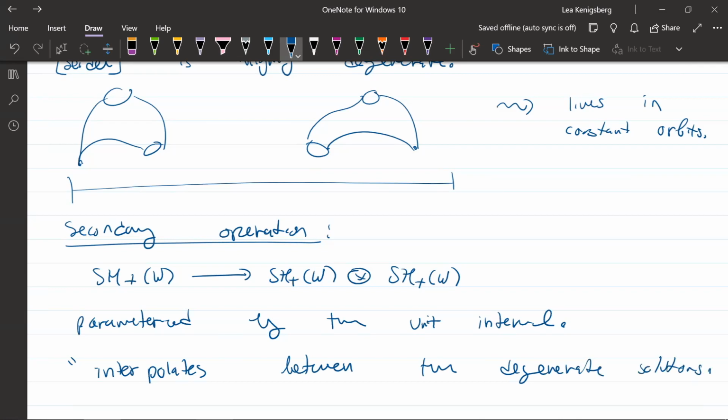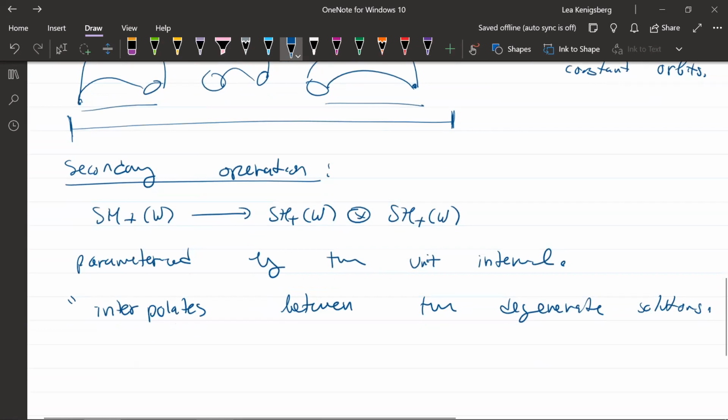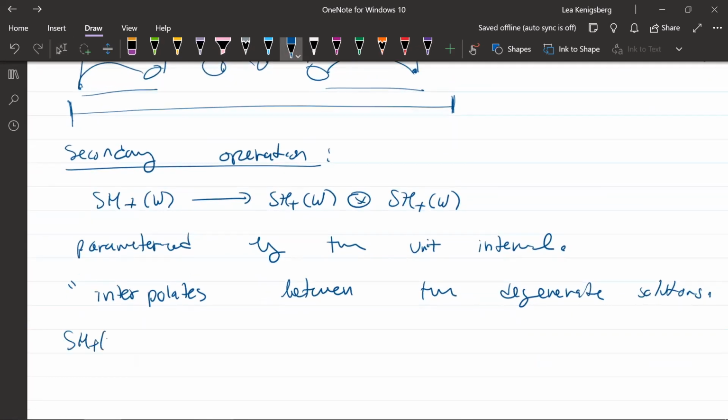So I drew this on purpose: the secondary operation interpolates between the surface here on this end and the surface here on this end. But this operation has boundary, which comes from the boundary of the interval, and therefore it's not defined on all of symplectic homology, but instead it's defined on SH+, and SH+ of W is SH star mod constant orbits.